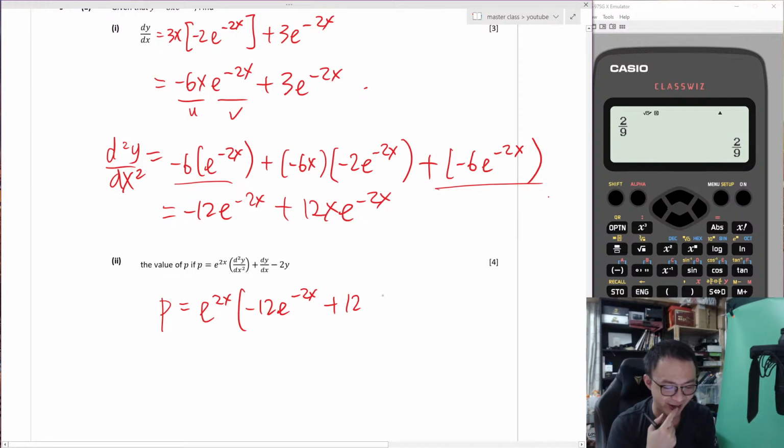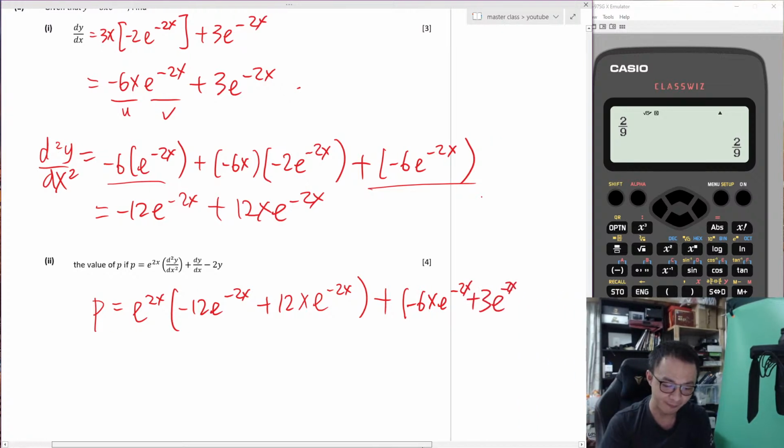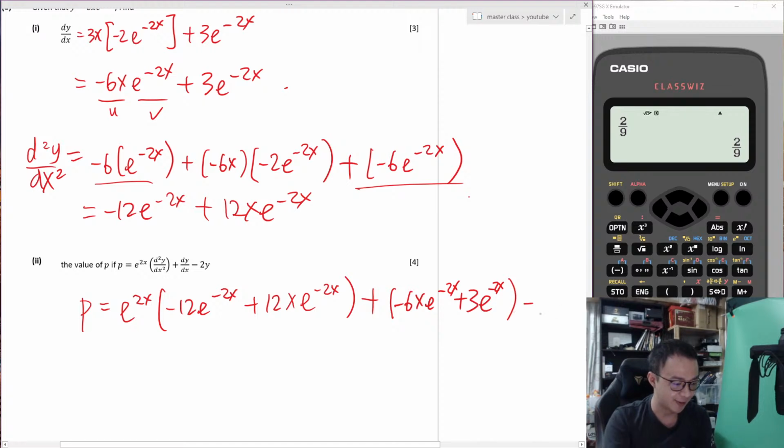But I want to find the value. No, because in terms of x, how can I solve it? Must be something I want to do here. Okay, never mind. I write finish first, then only I see what I can do here. Maybe I can eliminate them. I can minus them or what. I don't know. Okay, so let's see. Negative 6x e negative 2x plus 3e negative 2x minus 2y.